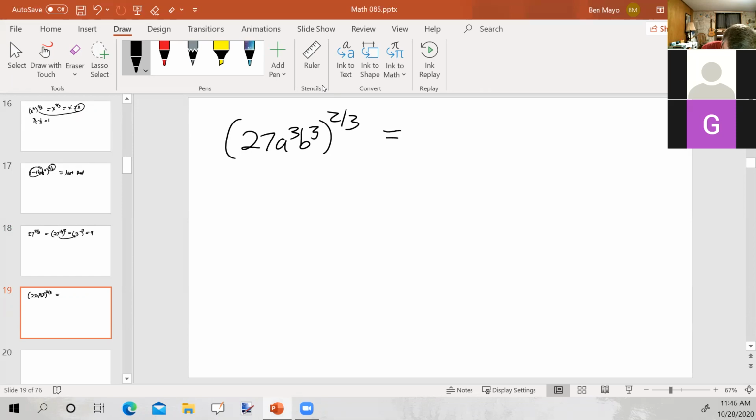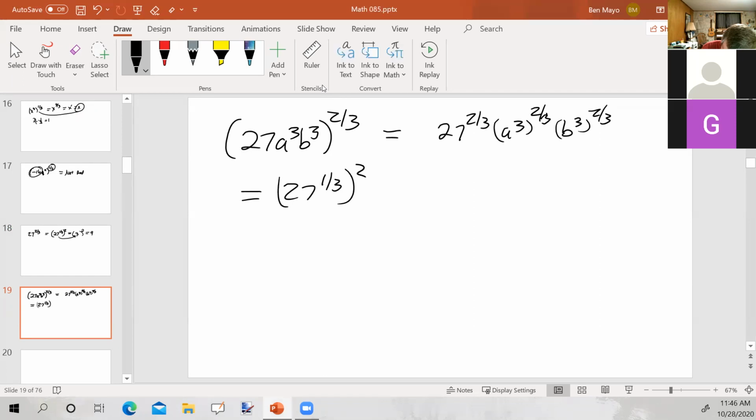So this would be 27 to the 2/3 times a cubed to the 2/3 times b cubed to the 2/3, which would be 27 to the cube root squared, a to the 2nd, b to the 2nd. Now, why did I do what I did? I took this and broke it apart so I could do the root and then the power. And here, what's 3 times 2/3? 2. You see what I did there?